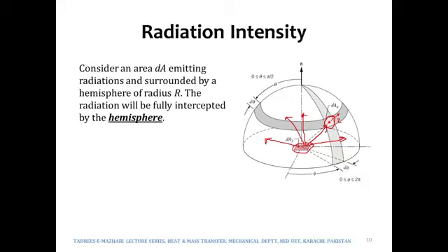So the whole radiation which is leaving 1 is not being incident upon 2. So when we would be considering heat transfer between bodies 1 and 2, only that radiation which is leaving 1 and is being incident upon 2 should be taken into account, because that is the radiation which will play a part in heat transfer.